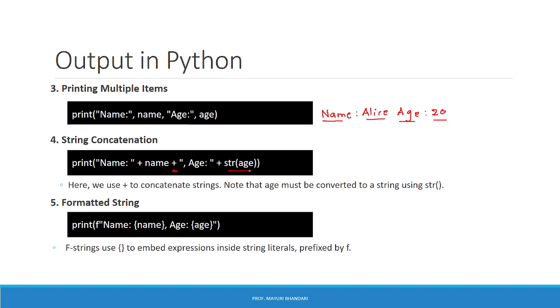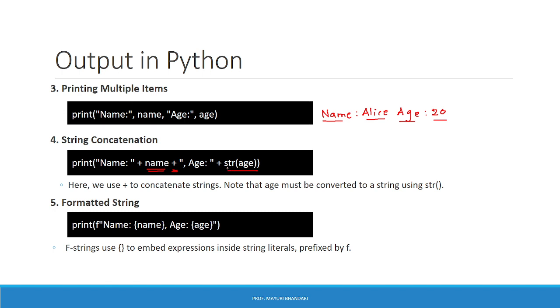Now this is important because name is a string, right, लेकिन age क्या है? Age is a number, it is an integer, right? So while doing string concatenation you cannot directly give age, it will give you an error, right?